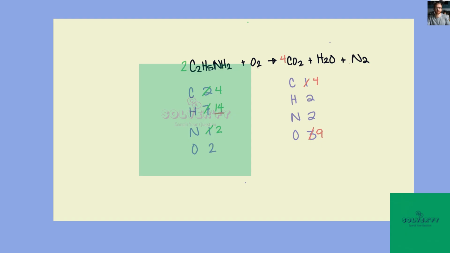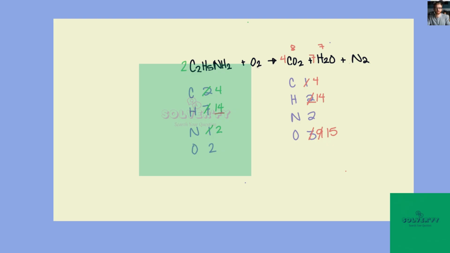Okay. We've got 14 and then 2. So let's put a 7 in front of the water. That also impacts the oxygen. So we've got 8 here, and then we've got another 7. What is that, 15? We've got 15 nitrogen, or not nitrogen. Wrong one. 15 oxygen now.